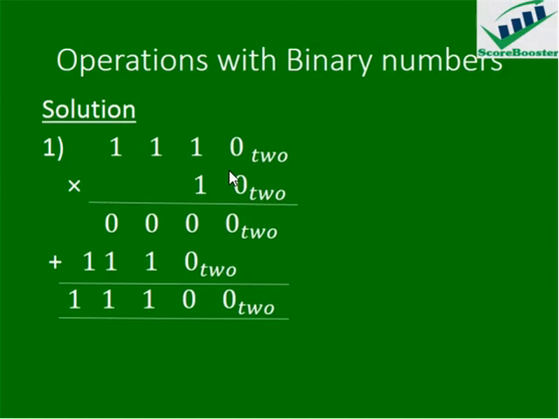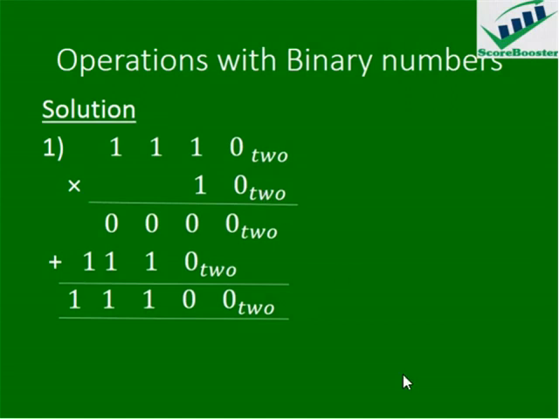When you change them to base 10, you multiply together and write your answer. When you change this answer to base 10 too, if the conversion equals the answer you got when you multiplied in base 10, then it means the answer is very correct.